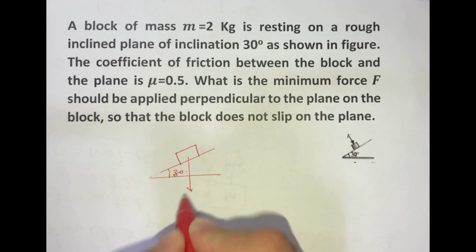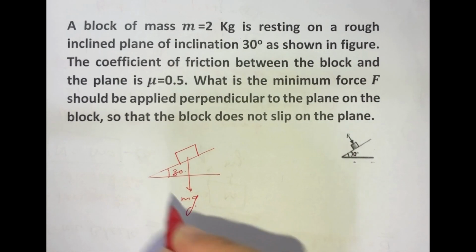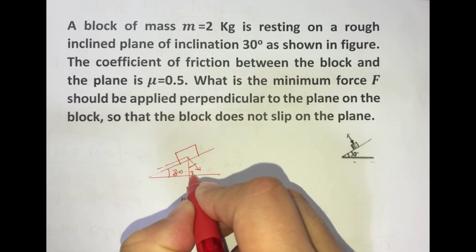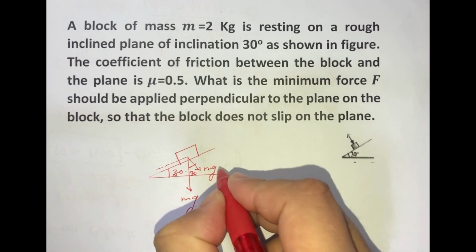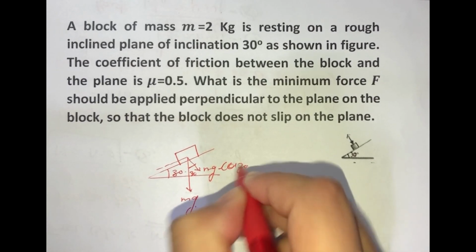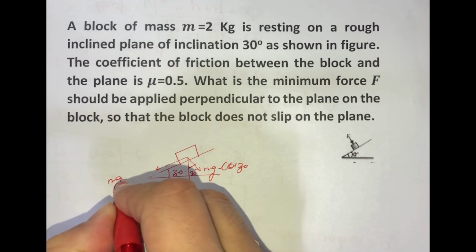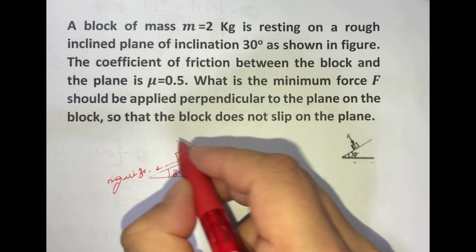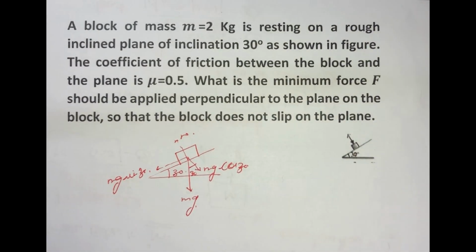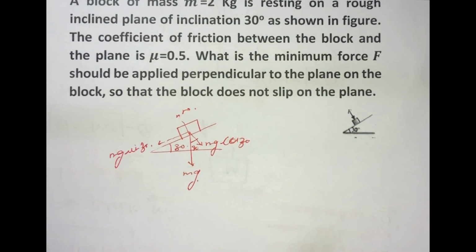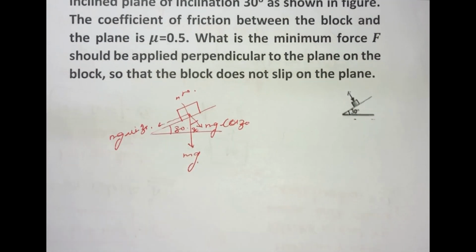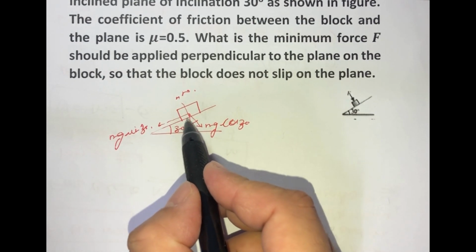In the downward direction we are going to have mg, which we can divide into two components: mg cos of 30 and mg sin of 30, and there will be a normal direction N. So let's find out the force mg sin of 30, which will try to move the block in the downward direction.